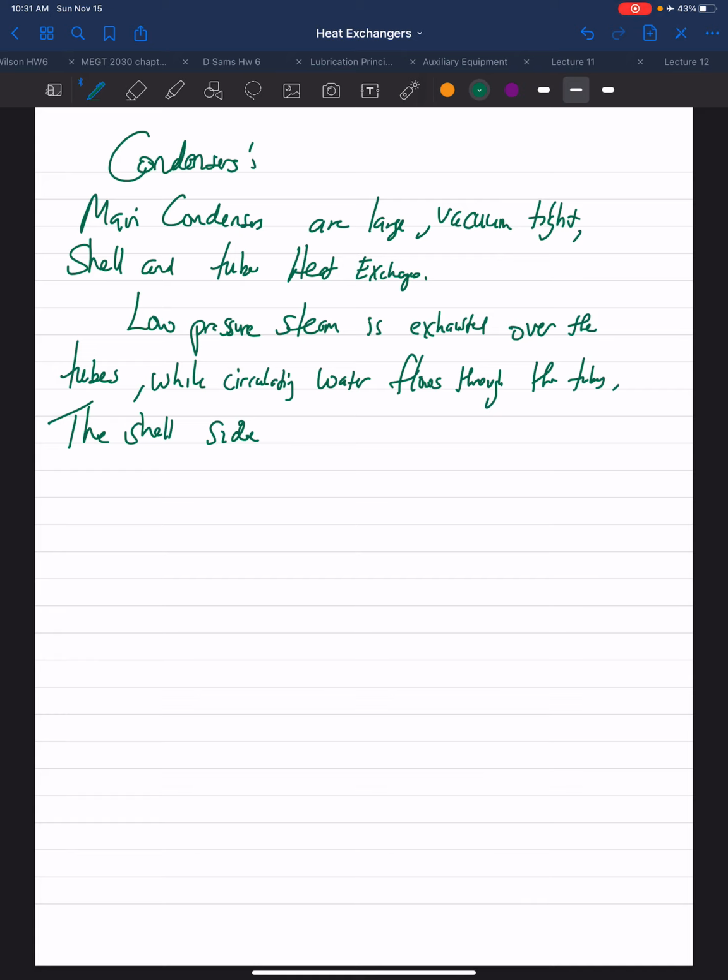The shell side of the main condenser is the steam side, while the tube side is the water side.